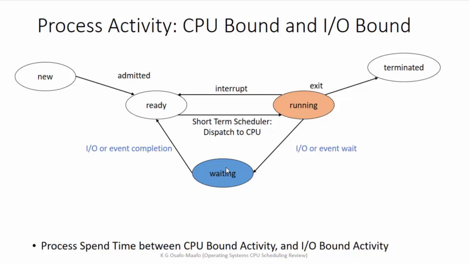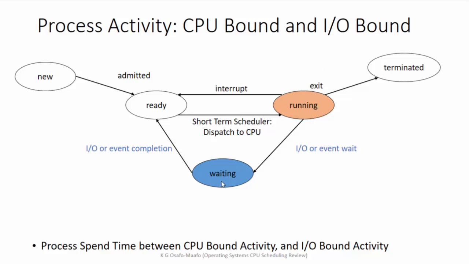Usually when someone says this process is CPU bound, it means often that it's going to spend a lot of time on the CPU. And when people say this process is IO bound, it means it's going to spend a lot of time on the IO. The reason why we would like to be able to schedule is most of the time some processes may actually do some IO, requesting devices, and they'll be moved from running to waiting.